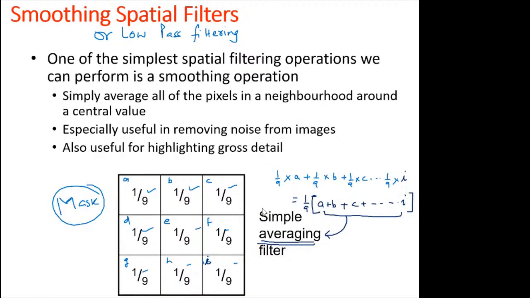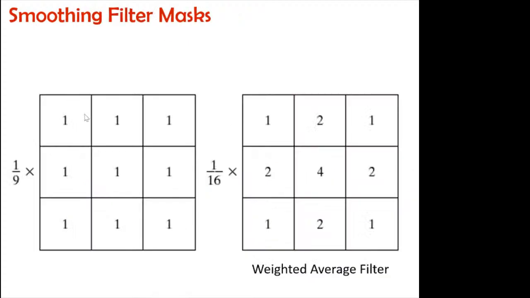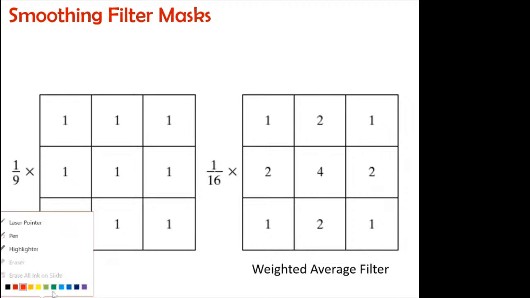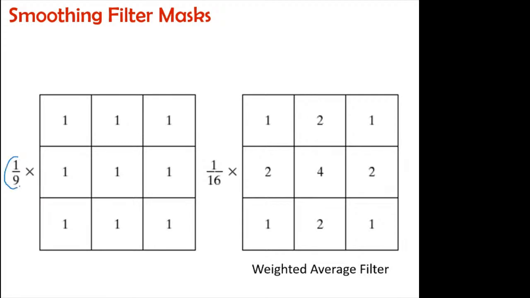Yes, okay sir. If it is clear, this mask can be written this way also. This is another way of writing it. It is a matrix, so in a matrix you can take this 1 by 9 outside, no problem, and this is the rest of the matrix.